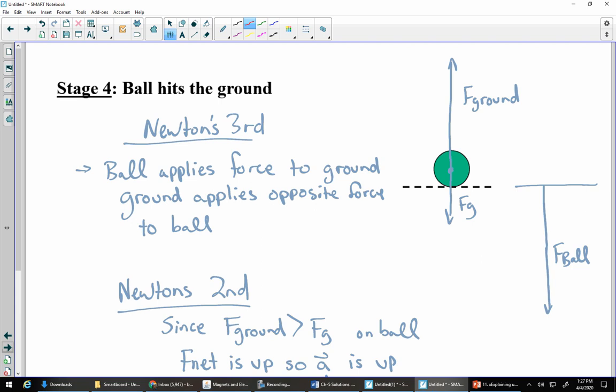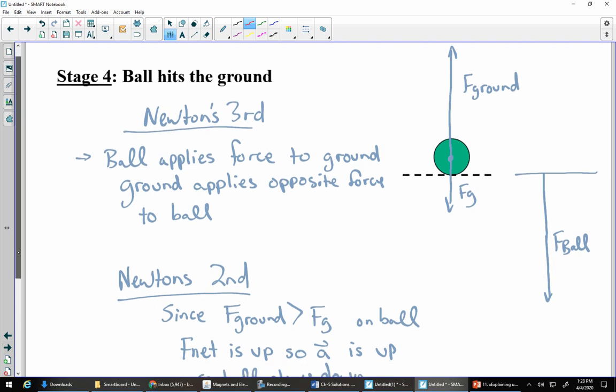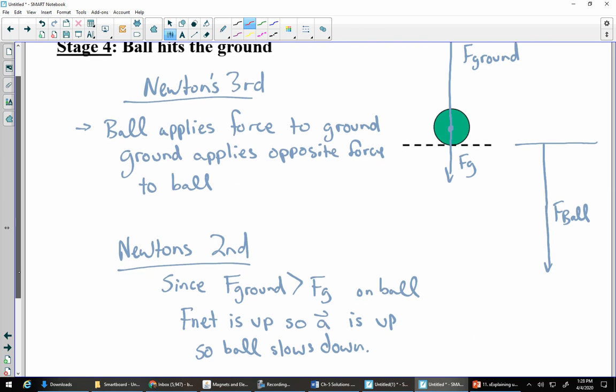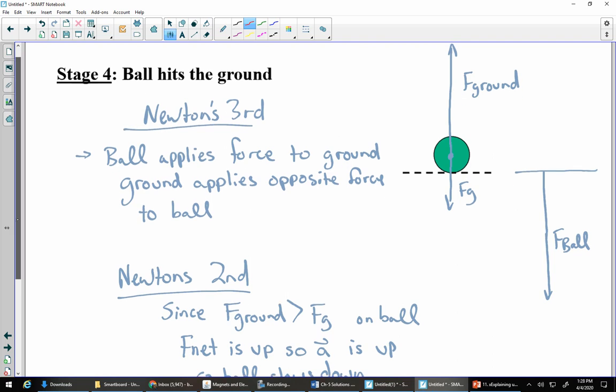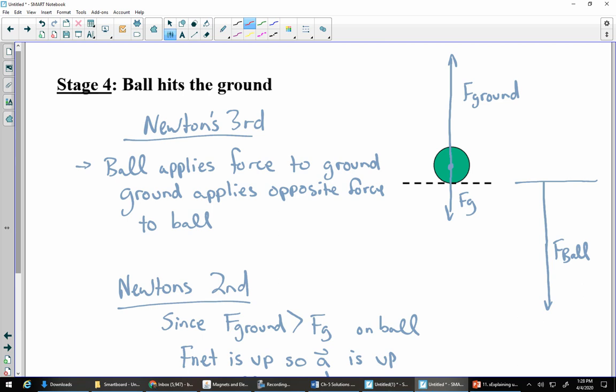So the final step, the ball hits the ground. There were two different laws that spoke to me, Newton's third law and Newton's second law. So Newton's third law is all about the ball applies a force to the ground and the ground applies an opposite force to the ball. Yeah, totally true. So I've drawn my free body diagrams off to the side. I got force of gravity being approximately the same size, but my force from the ground significantly bigger.